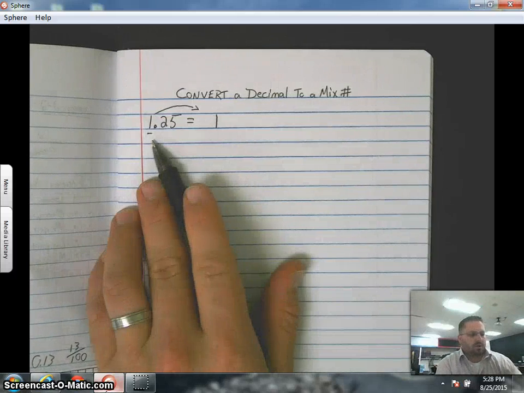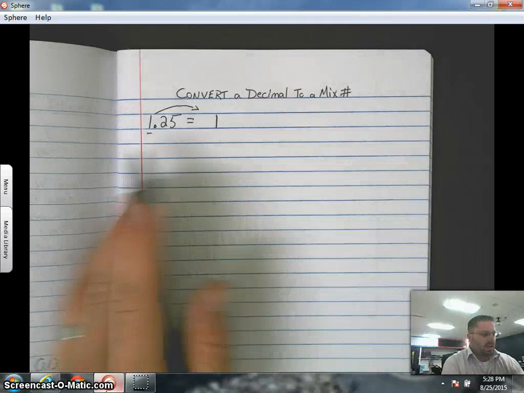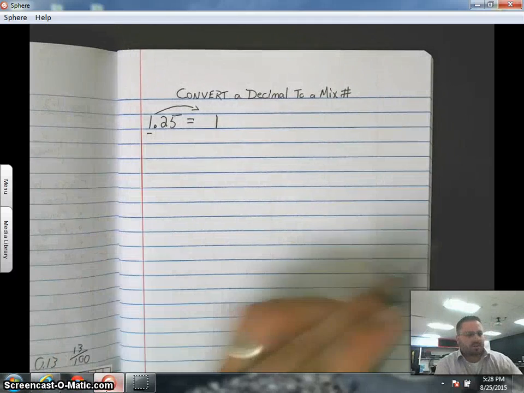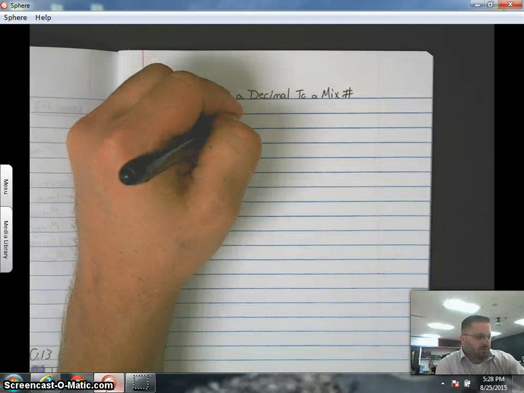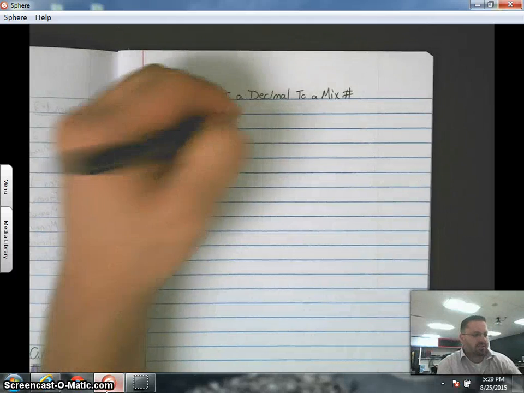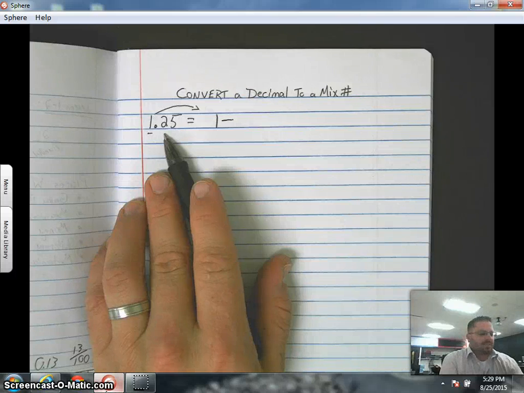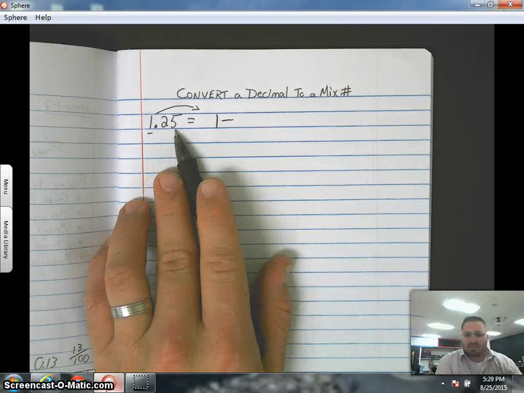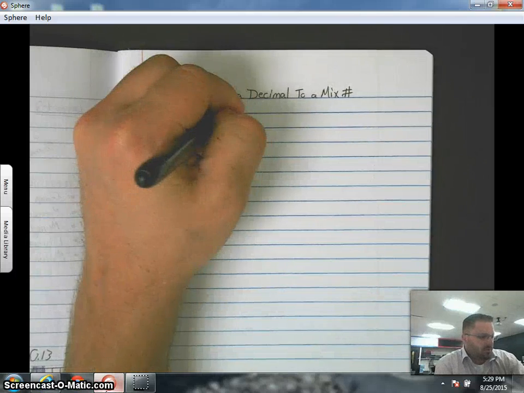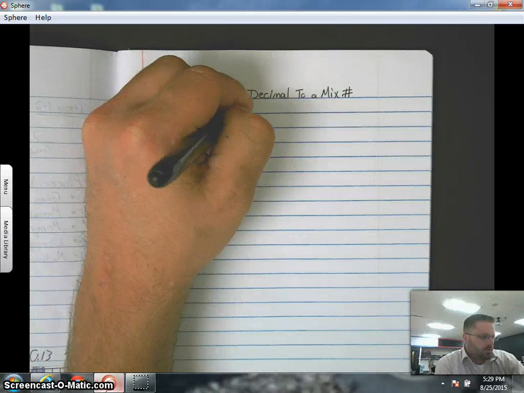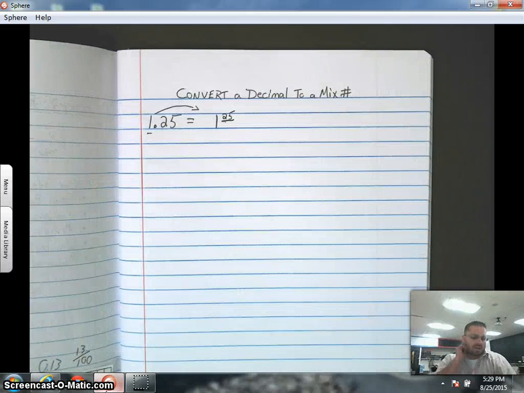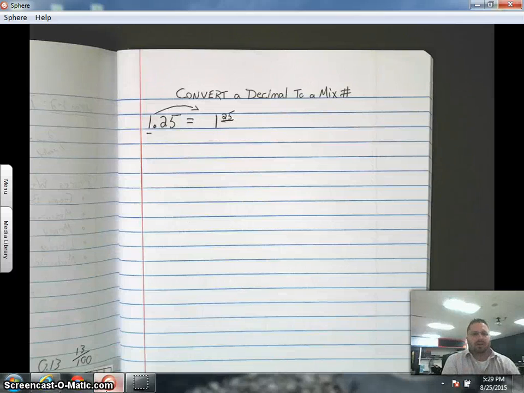I want to say 1, which I have, and is my decimal. In fractions, it means, okay, there's my whole number. Here's my fraction. 25 hundredths. The nice thing is, I just take my decimal and it becomes my numerator. 25.